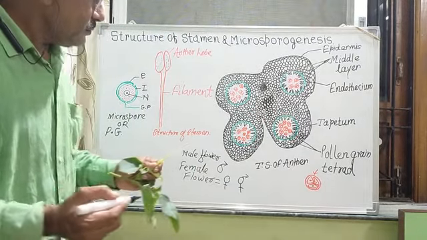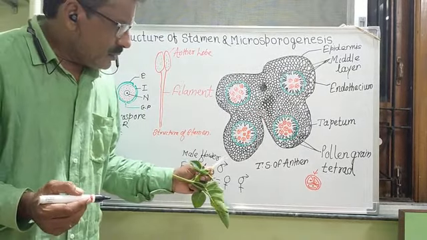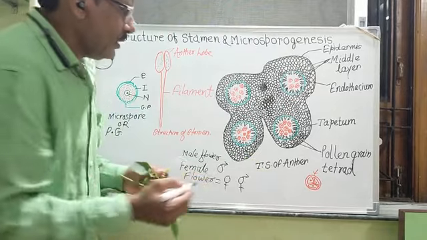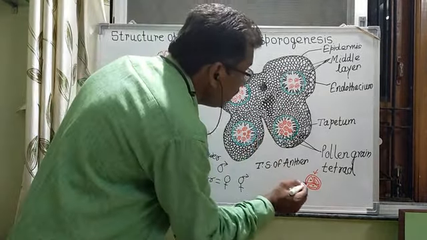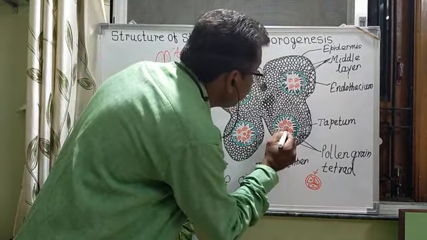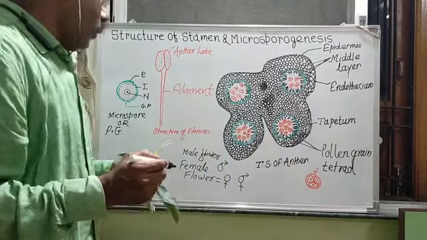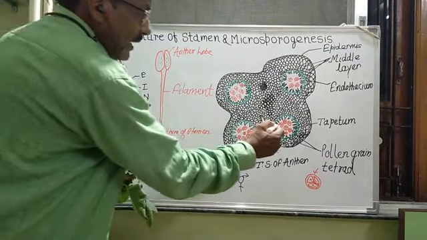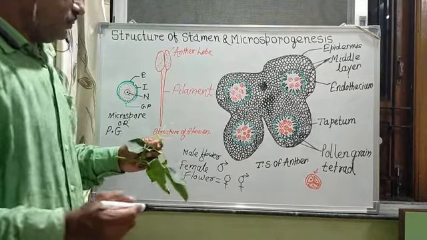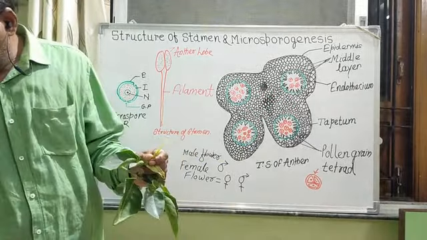Here this is the TS of the anthers, and in this red color are the different microspores or pollen grains. Some pollen grains are shown in tetrads.